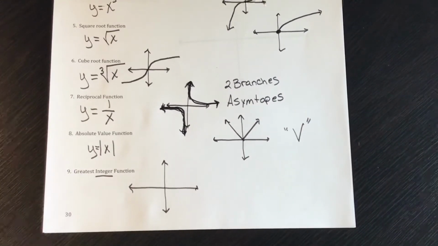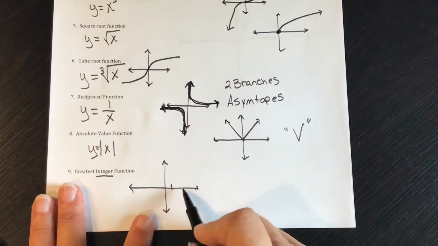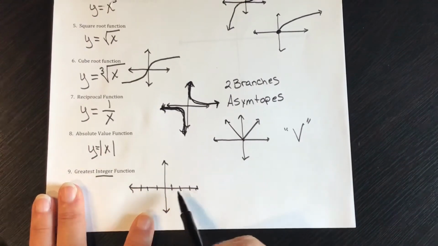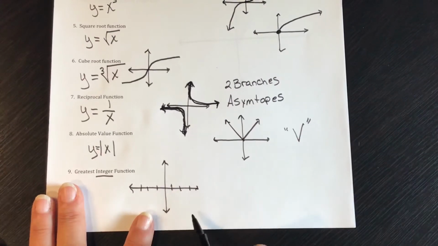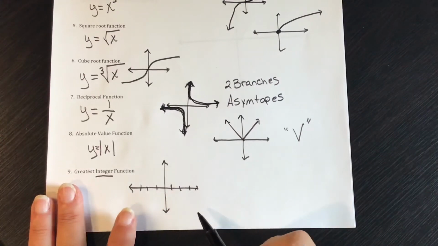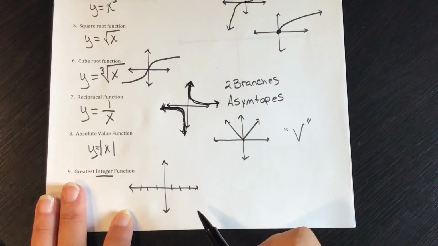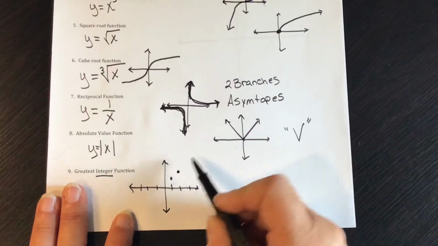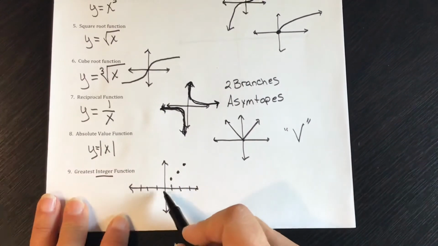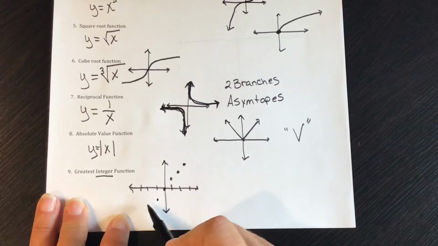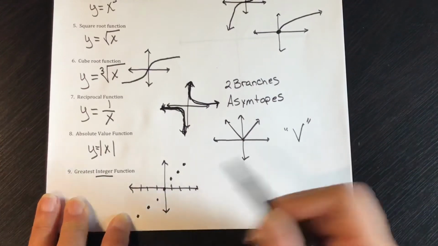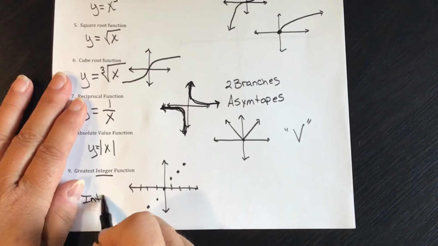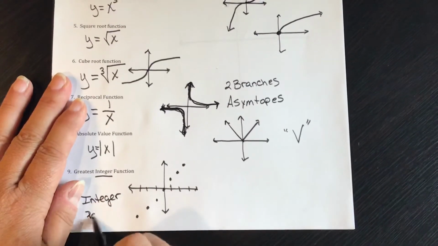Integers are just the numbers 1, 2, 3, or -1, -2, -3, but it doesn't include space between. So the integer function would just be the points. Okay, so integer is points only.